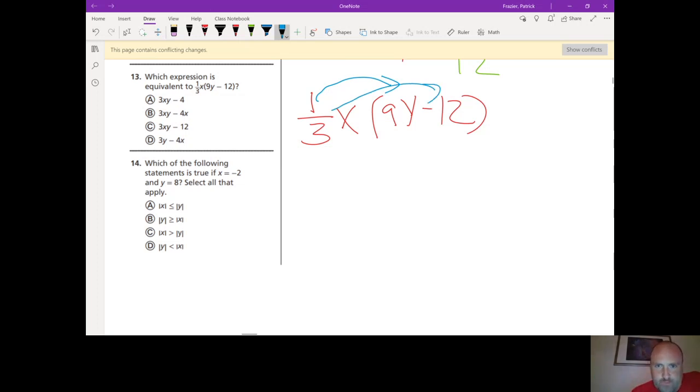Maybe that helps if I do a different arrow, a color in black. So we're going to multiply 1/3 times 9y. So I'm going to go back to blue for a minute. 1/3 times 9y. Well, we're just multiplying 1/3 times 9.